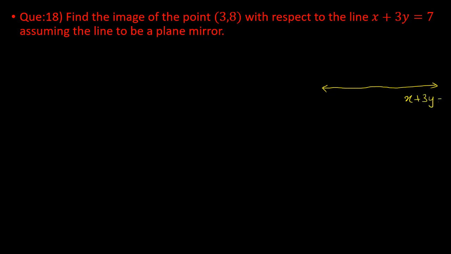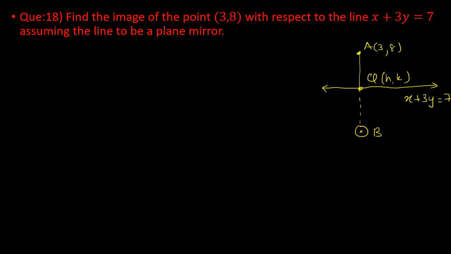So this is x plus 3y equal to 7. There is a point 3 comma 8 here. Let me say it A, right? This is the perpendicular distance, and we have to find the mirror image that will be somewhere over here. Say this point is B. Now assume that this intersection point is Q and the coordinates of Q are h, k, right?